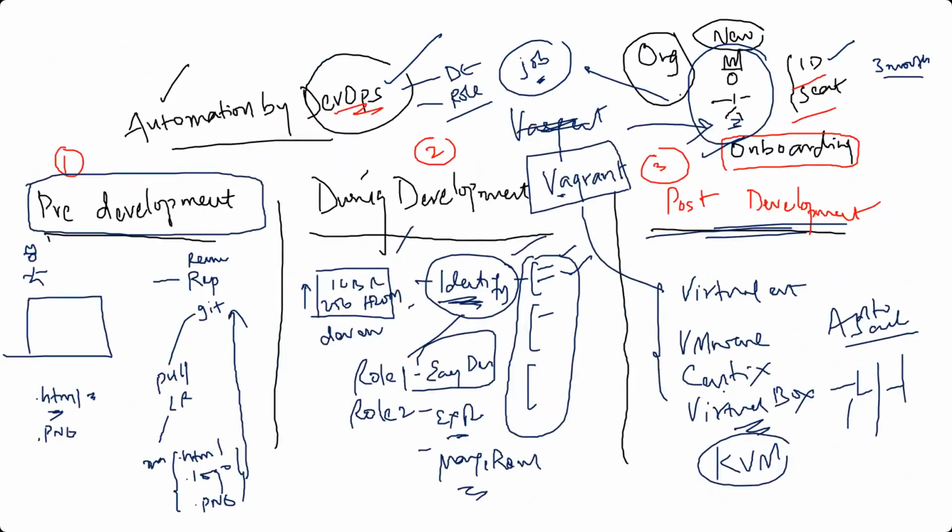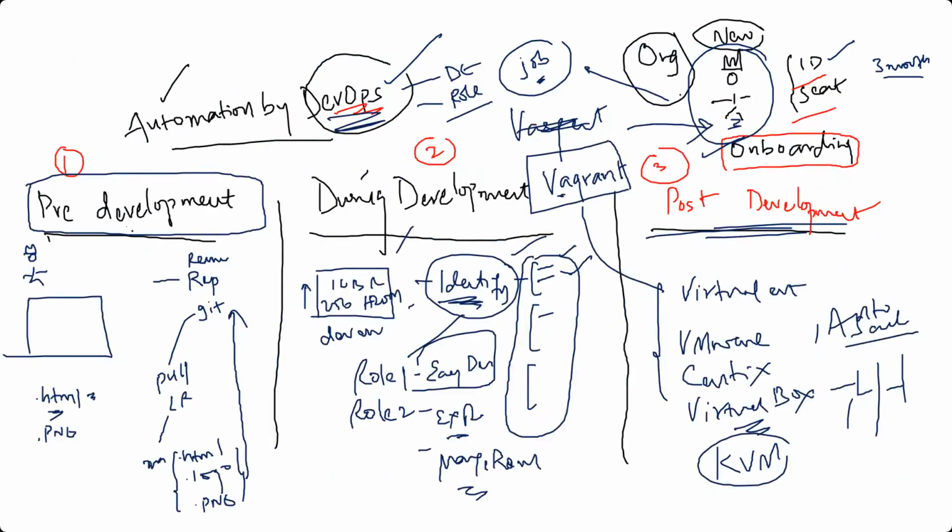So to give a small recap, typical automation activities which the DevOps team does is to provide environments with identity and infrastructure scaling as you join an organization. Those environments are typically used during pre-development, during development, and post-development.